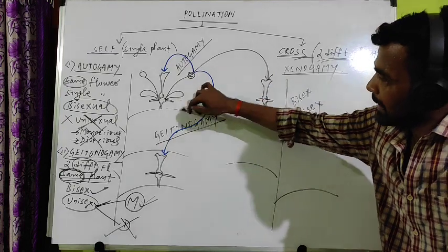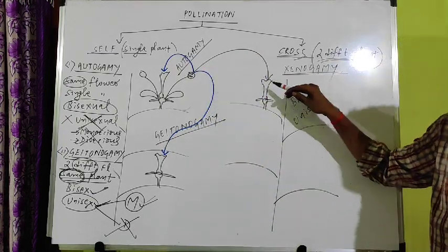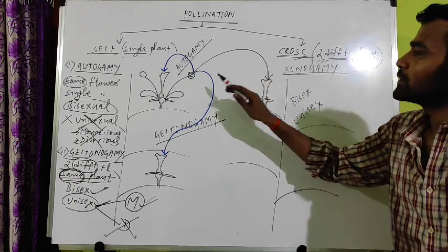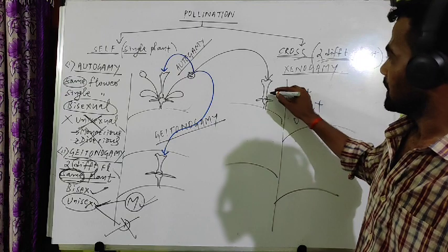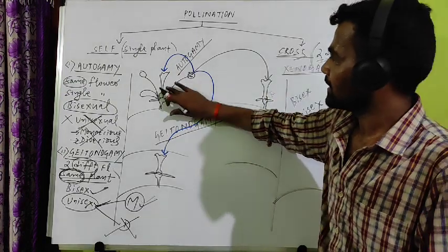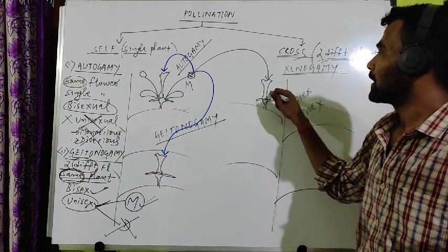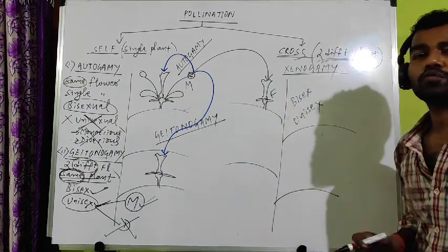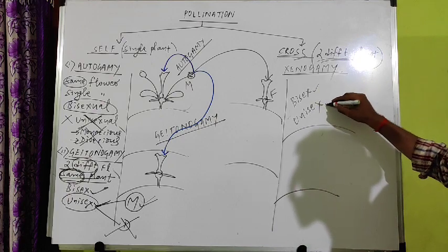Now from this bisexual's male, pollen grain can transfer to this bisexual's female. So it can take place between two bisexual. Similarly, you can make unisexual. This is female. Now you can delete this female part and make it male, only male. So from this male to this female also it can be transferred. So it takes place between two unisexual also. So both bisexual and unisexual.